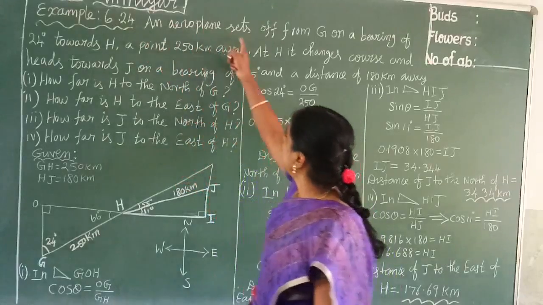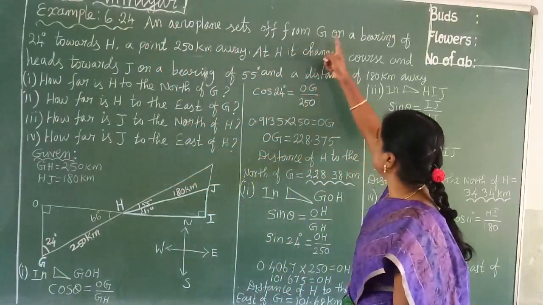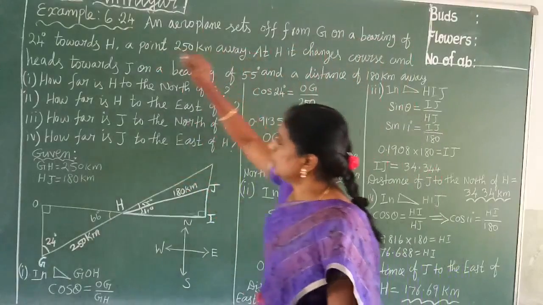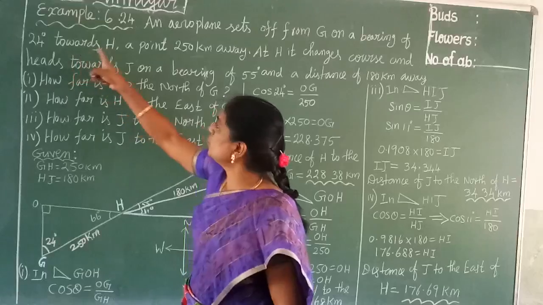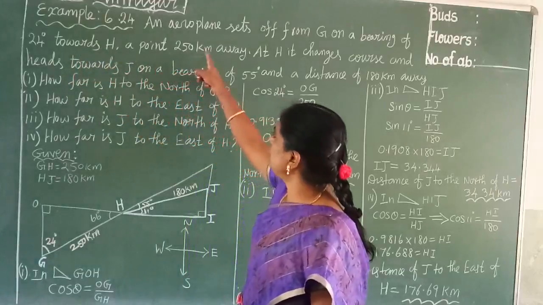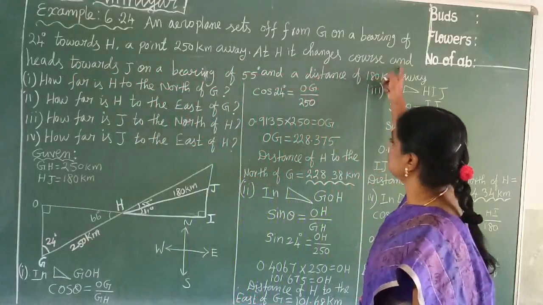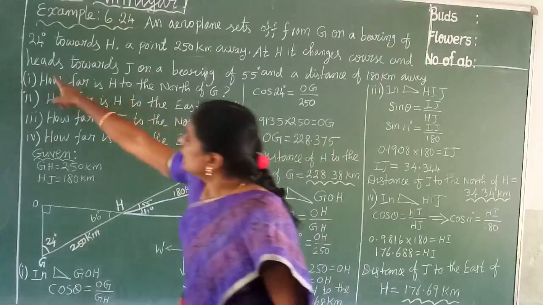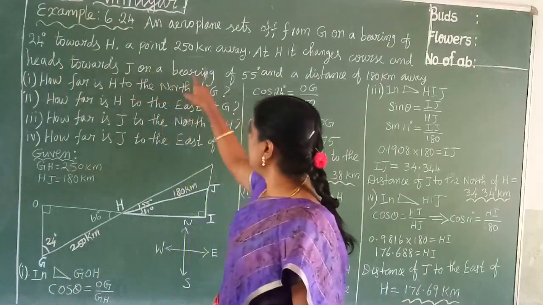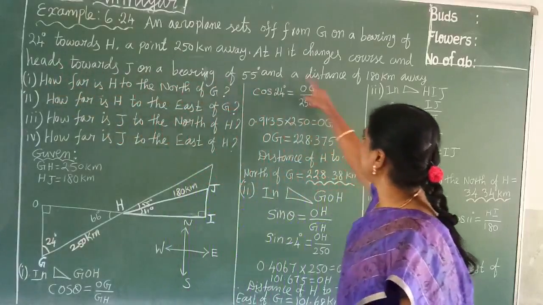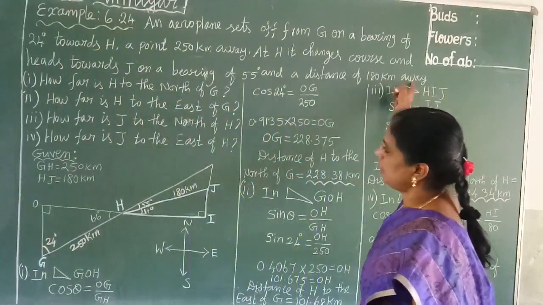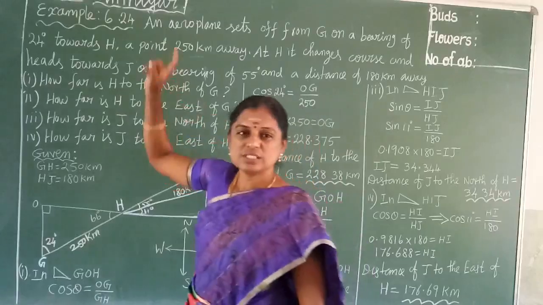An aeroplane sets off from G on a bearing of 24 degrees towards H, a point 250 km away. At H, it changes course and heads towards J on a bearing of 55 degrees and a distance of 180 km away. So these are given.